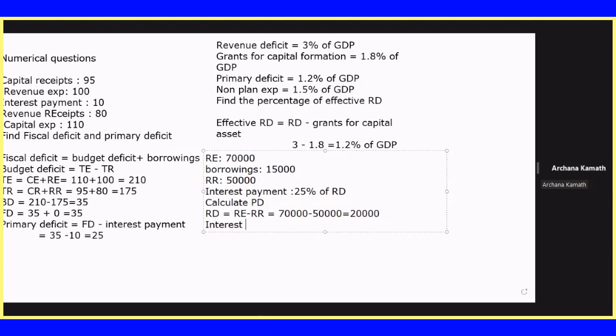And interest is 25% of it. So 20,000 into 25%, which is equal to 5,000.